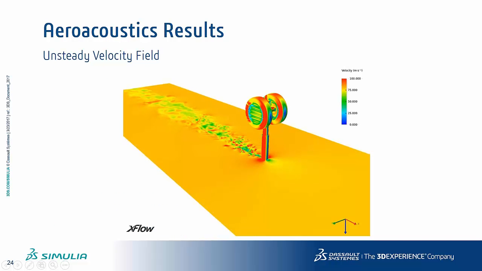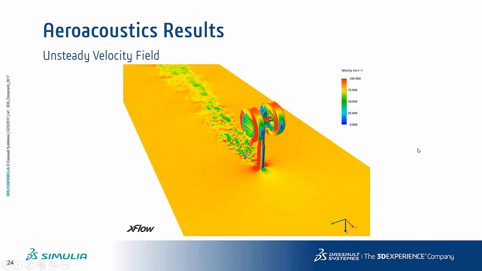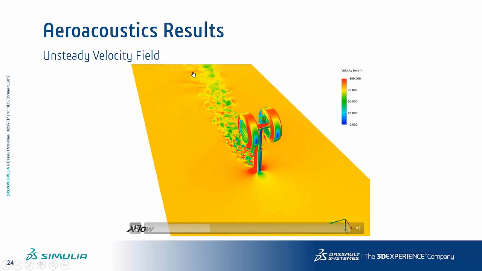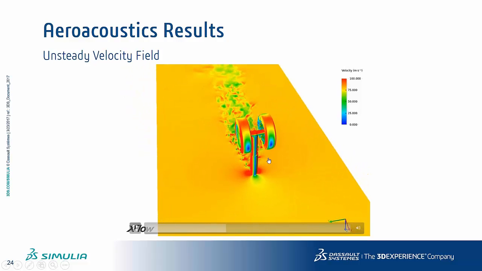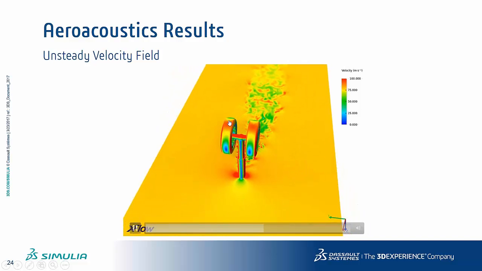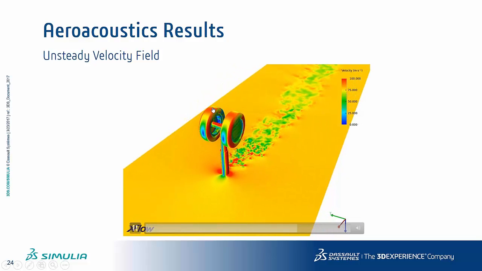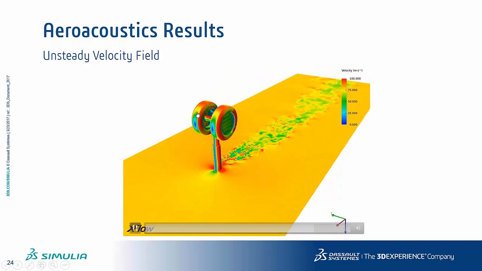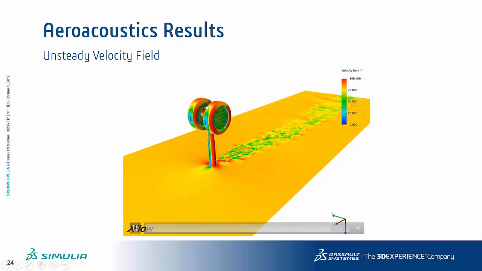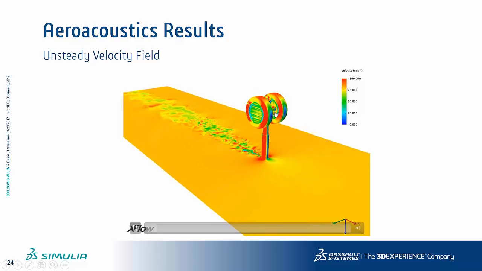This is a very short animation of the simulation. You can see here a velocity field. We've got a cutting plane of velocity showing the wake induced by the leg downstream, and also the projection of velocity over the geometry. You can see a very steady velocity field on the front side, but on the downstream side a lot of fluctuations, especially inside the geometry.